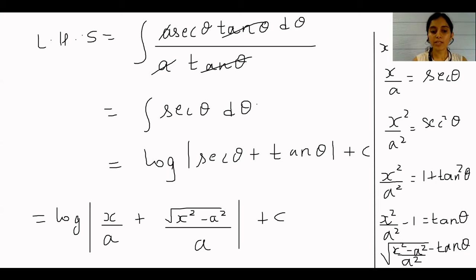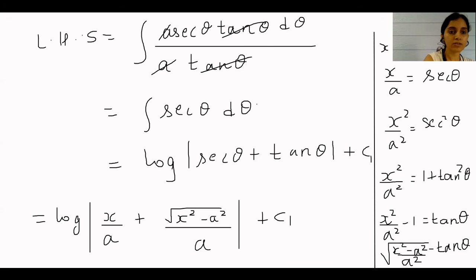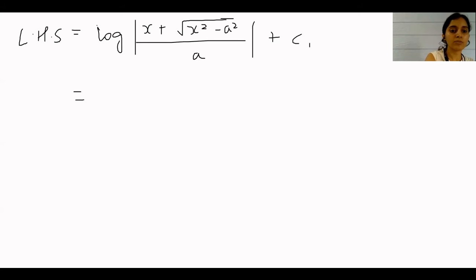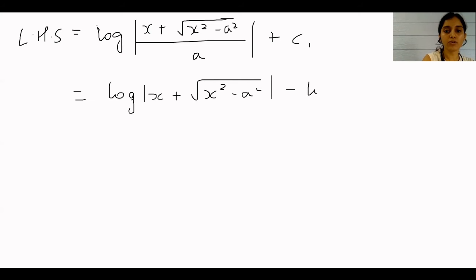Now you can see that the denominator is the same, so let us take c as c1, I'll tell you the reason why it is C1. LHS is equal to log of x plus root of x square minus a square, divided by a, plus C1, which can be written as log of x plus root of x square minus a square, minus log of a, plus C1.